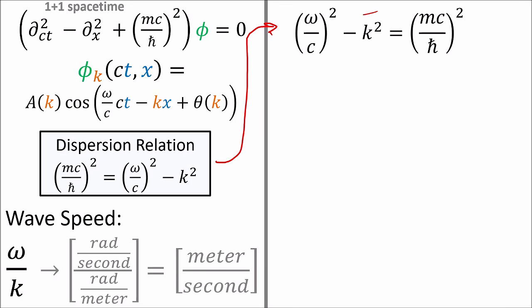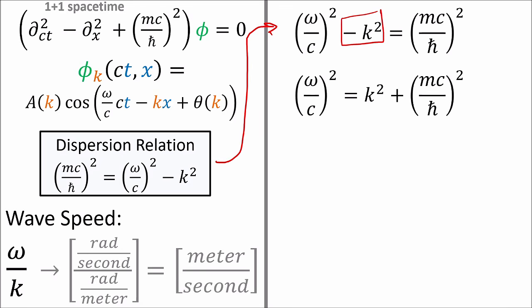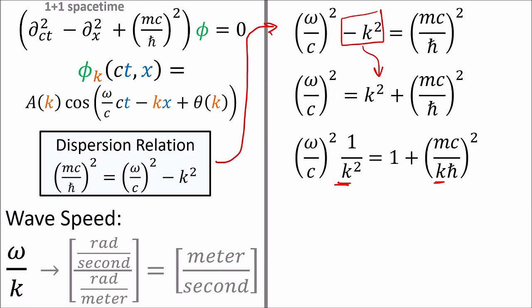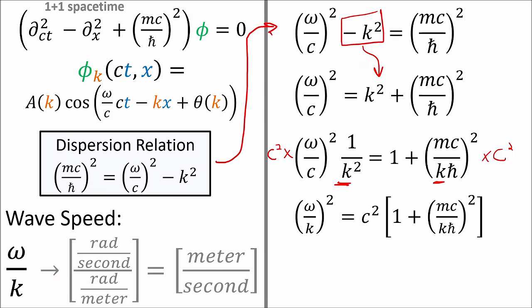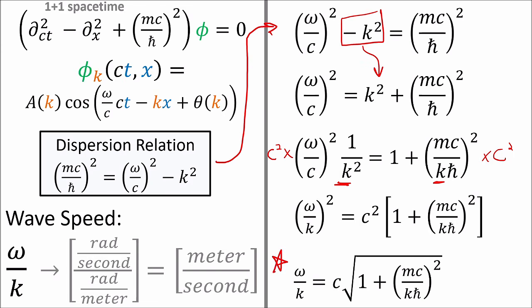So we'll bring the wave number term to the other side, changing its sign. Then we'll divide both sides by k squared, and then multiply both sides by c squared. Now, to get our desired ratio omega over k, we just take the square root of both sides, and we get this for the wave velocity.